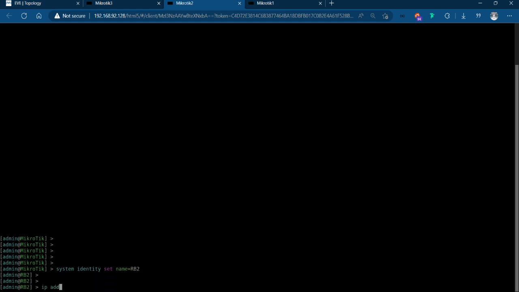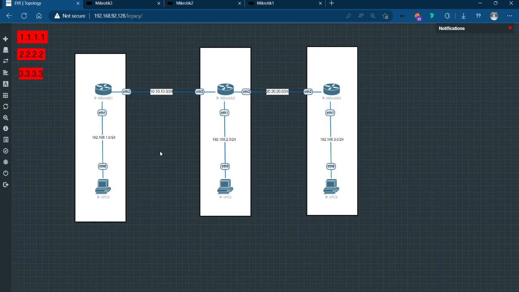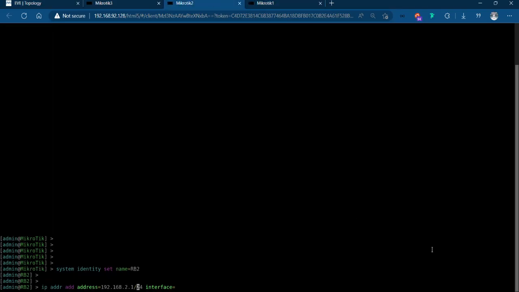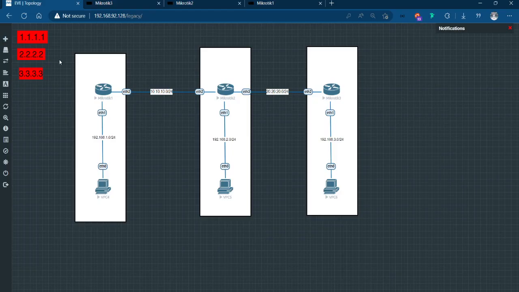After that, we're going to add the address for the gateway to the VPC first, using 2.1 for the interface ether. There are two gateways: first the left gateway, and second the right gateway.